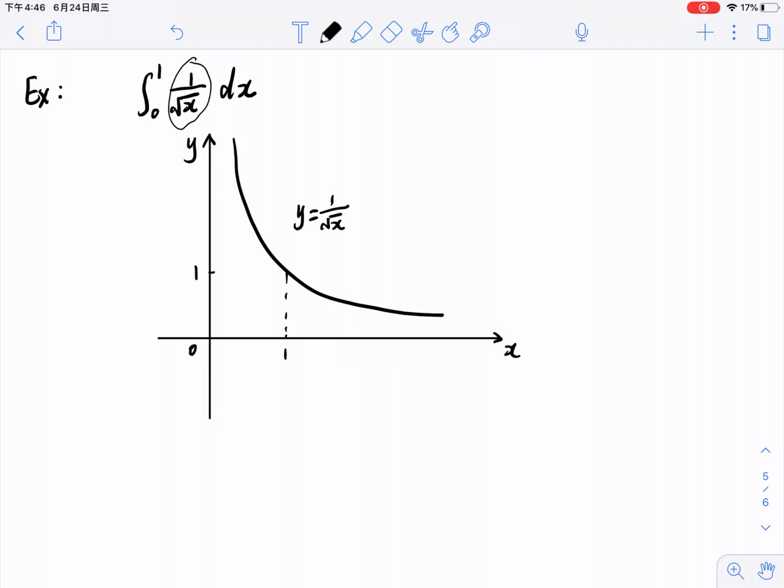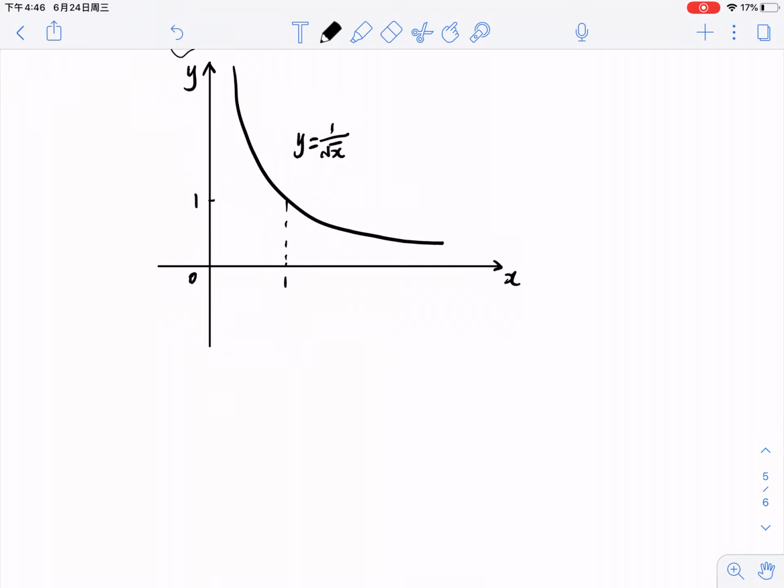So the idea is to consider the integral from a to 1 of 1 over square root x dx, where a is small and positive.